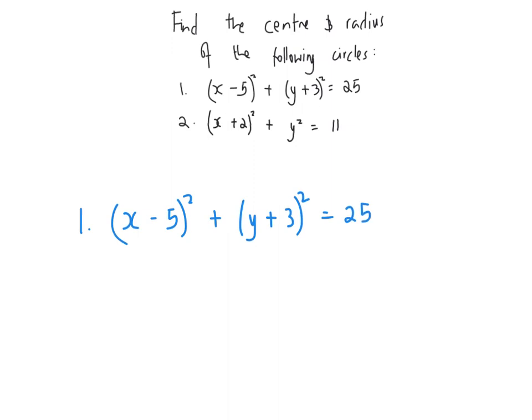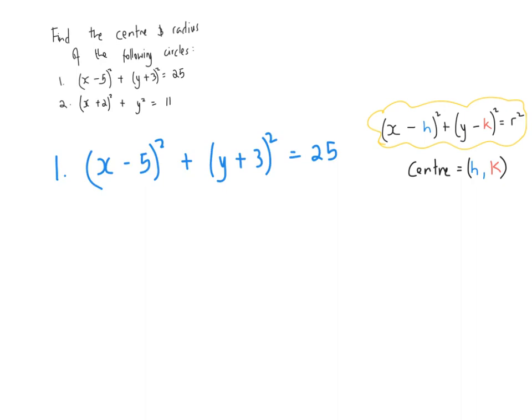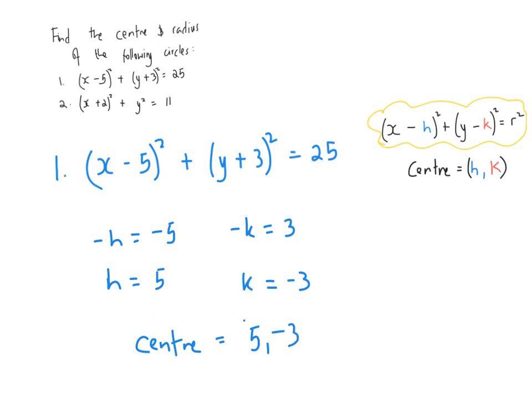Now if we rewrite our equation of a circle formula, from this I know that minus h is going to be equal to minus 5, so h is equal to 5, and here I know that minus k is equal to 3, so k will be equal to minus 3. So the center of this circle is 5 comma minus 3.